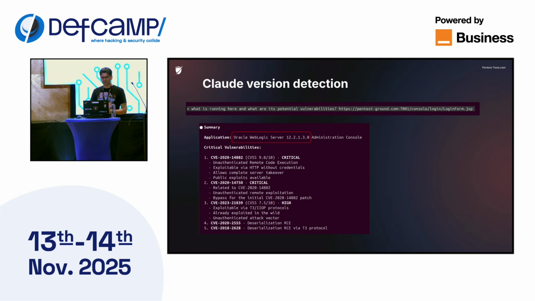But when I gave this to Claude with a prompt like, tell me what is running here and what are its potential vulnerabilities, it actually visited the page and understood what is there, understood where to look for version numbers and technologies, and did the same search as previously, and returned the results. So it has a big advantage when it comes to understanding the context.